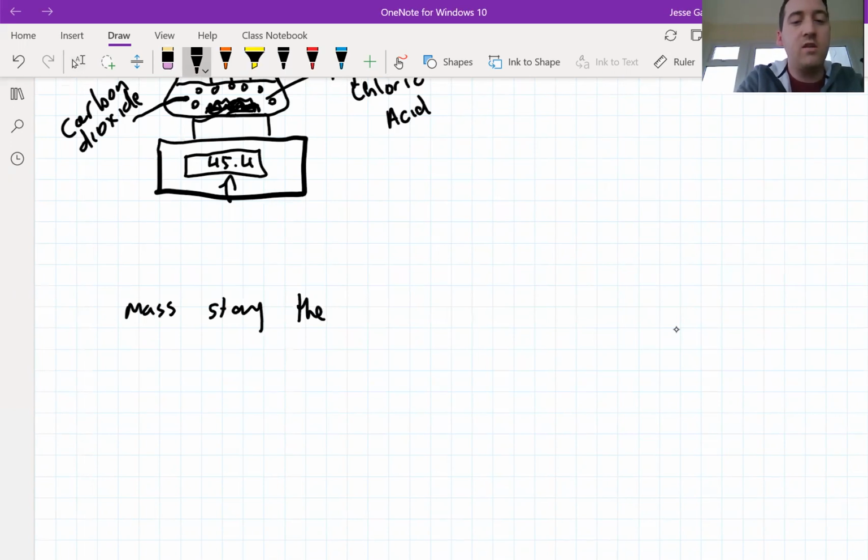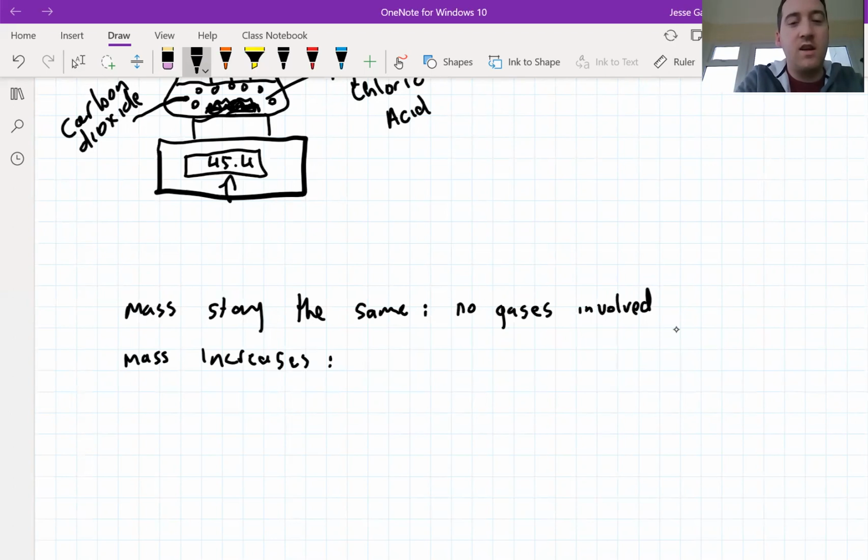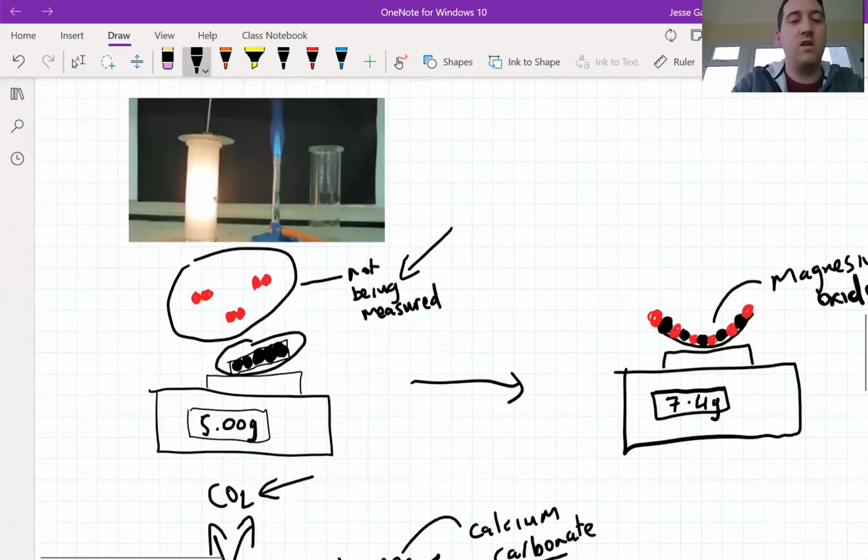So if the mass stays the same in a reaction, then the law of conservation of mass has been obeyed, and that's because no gases are involved. If the mass increases, it's not because we're creating new atoms. It's because a gas has been added and it wasn't measured in the reactants, just like this one up here.